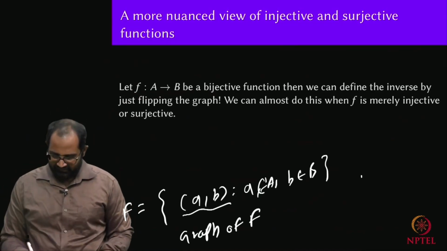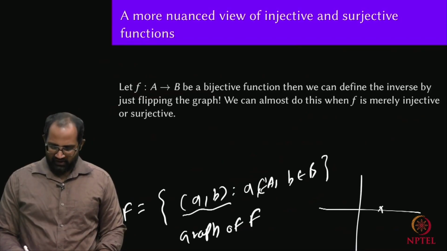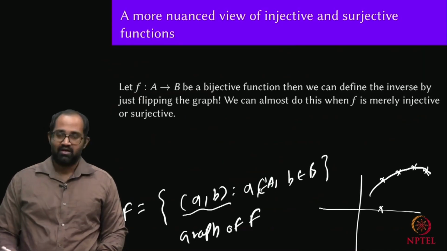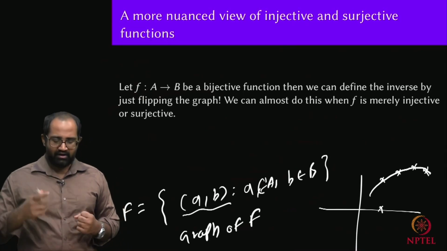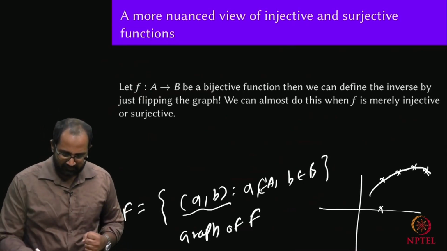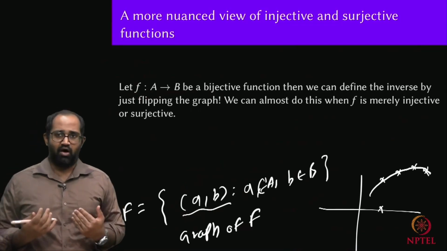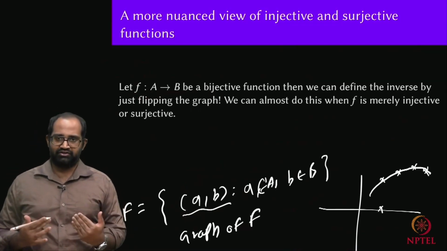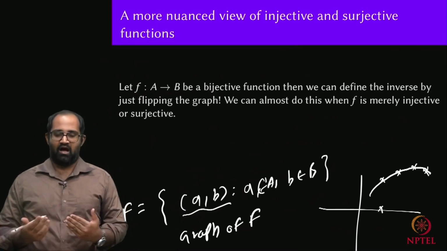So, you draw this axis, you sample various points in the domain, look at where it lands, that will give you a bunch of points, and then you just draw them together and say that is the graph. So, essentially when you are graphing the function, you are just plotting these (a, b)'s in the graph paper. So, you can rightly think of the modern viewpoint of function is that a function is identified with its graph.